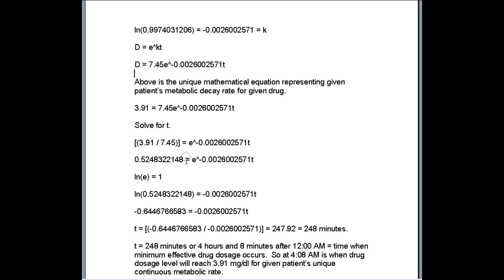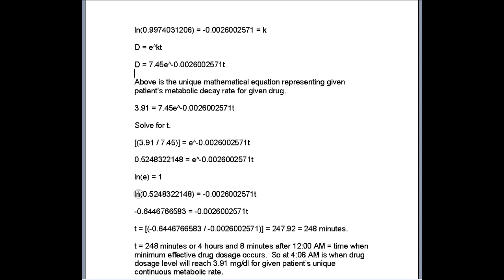In order to get rid of that e, if you multiply natural log times e, you get 1. So if you took the natural log of both sides, you would get the natural log of this value here. You'd cancel the e out, and then you'd be left with a nice, neat algebraic expression that can be easily solved.